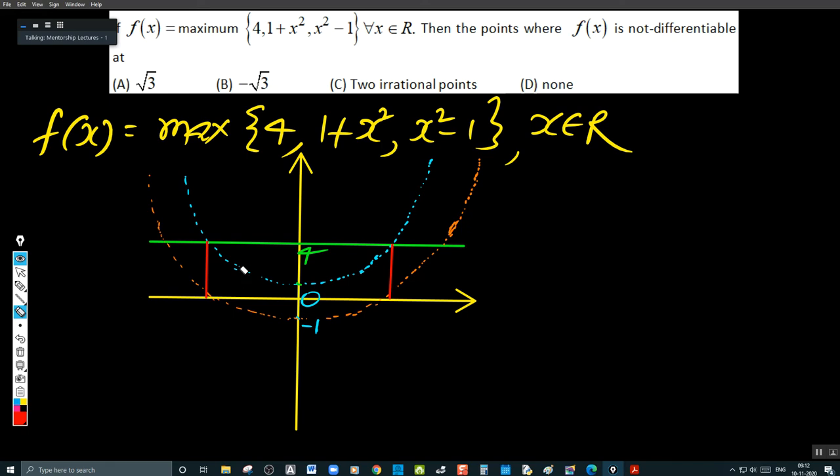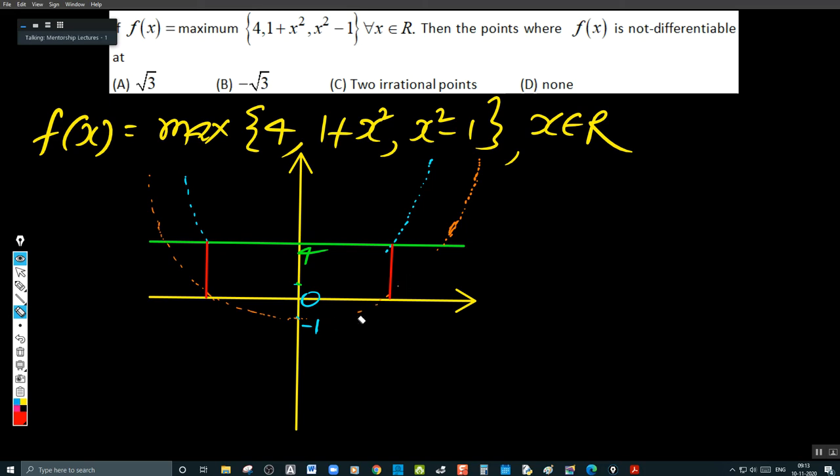What I mean to say, this part is not needed, because we want the maximum value in that part. Maximum value means you have to take only the upper part of it. That's the reason why I'm erasing this, because this is the lower part. Done. This is also erased.